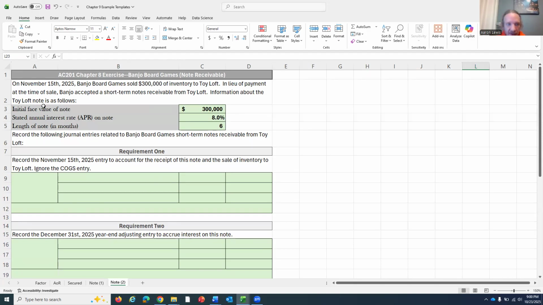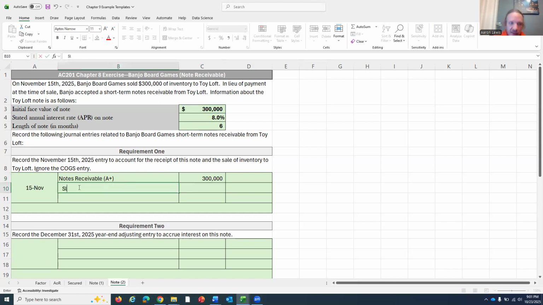Well, let's start right here. This is happening on November the 15th of 2025. So on 11/15, we got to start the same way that we did in the last problem. We are receiving a notes receivable, and that notes receivable has a face value equal to the value of the inventory, the sales value of the inventory that we sold them, which was $300,000.